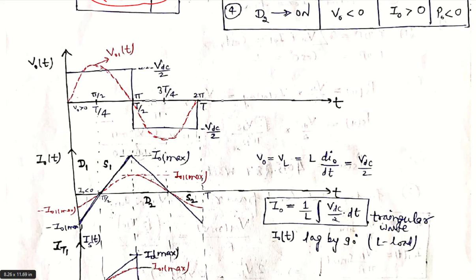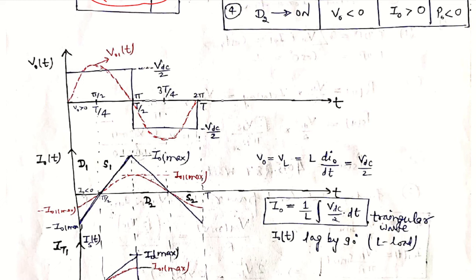So it will be drawn from minus I naught maximum to plus I naught maximum. Now in the voltage waveform from 0 to T by 4, the voltage is positive, equal to plus VDC by 2, and the current is negative, minus I naught maximum.